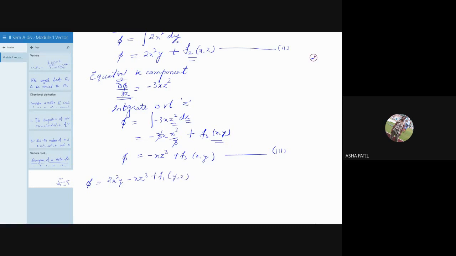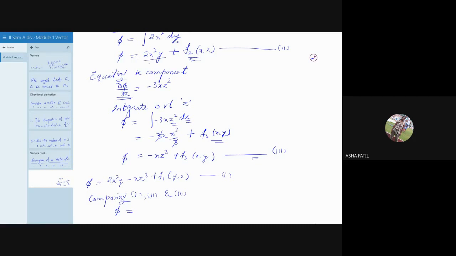Okay, this is one φ from equation 1. I can see equation 2 and equation 3 here. Now compare these equations and we have to write one φ. Comparing 1, 2 and 3, what is φ equal to?